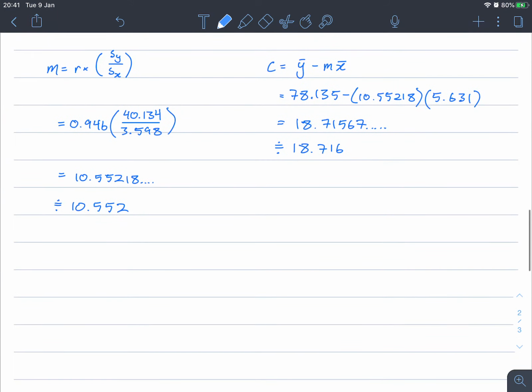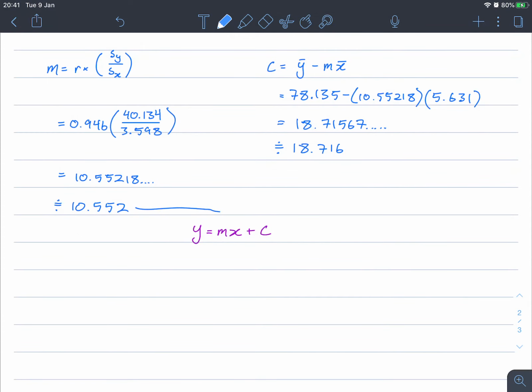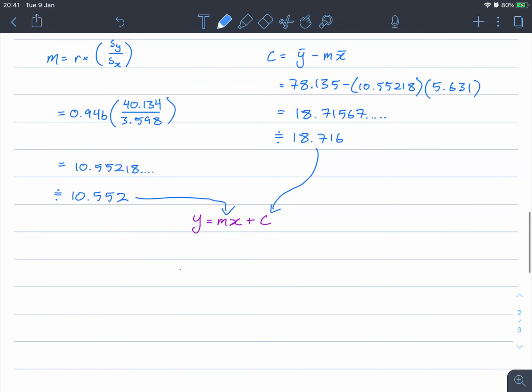Putting all this together, the final equation should look like y equals mx plus c. M is shown here, and c belongs there. So our final equation is y equals 10.552x plus 18.716.